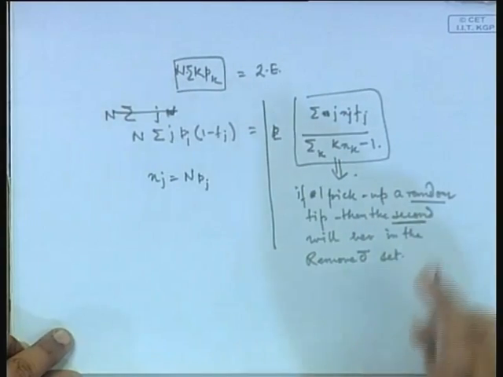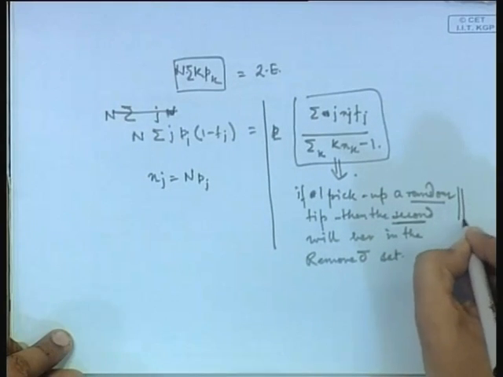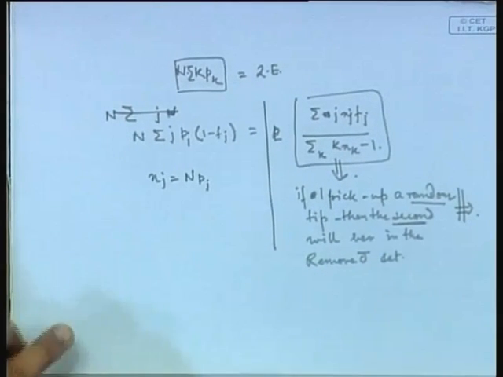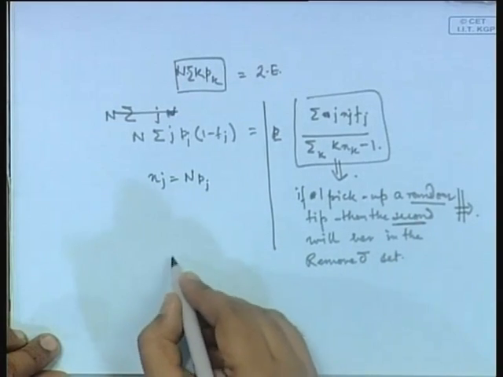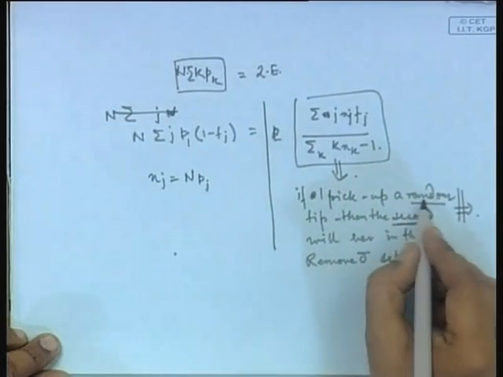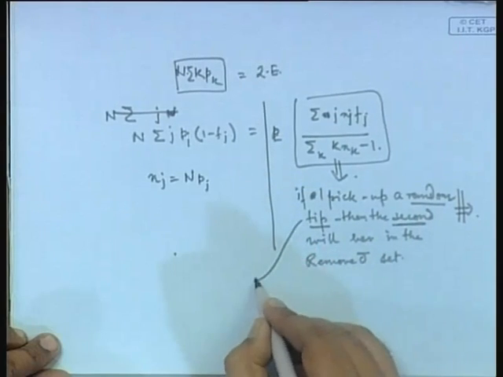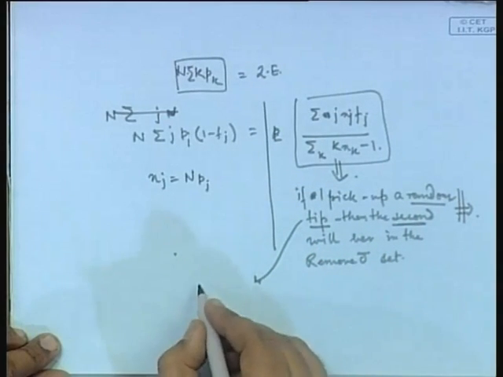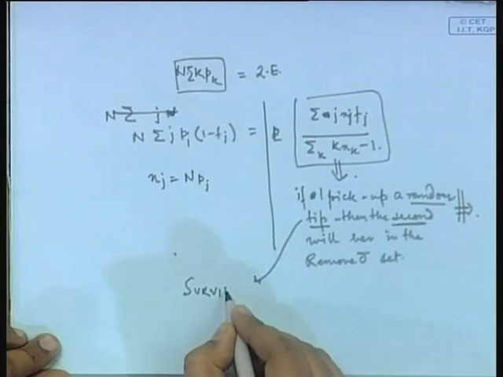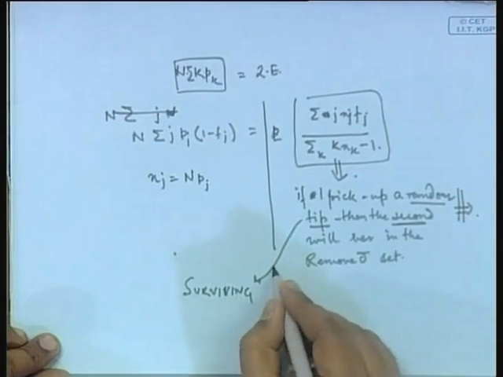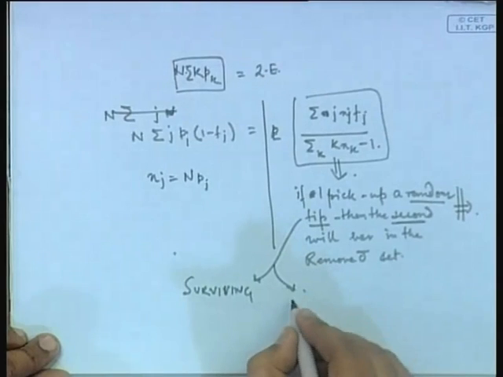So, if this is given, now how many tips? If I pick up a random tip, from where can I pick up the random tip? I can pick it from the surviving set or the removed set.